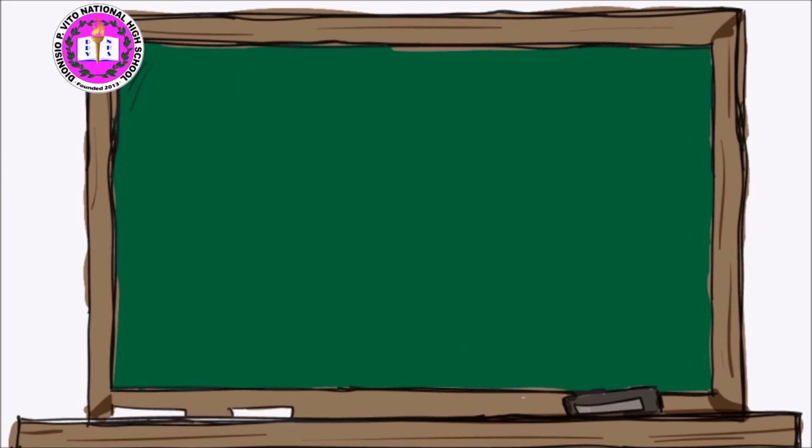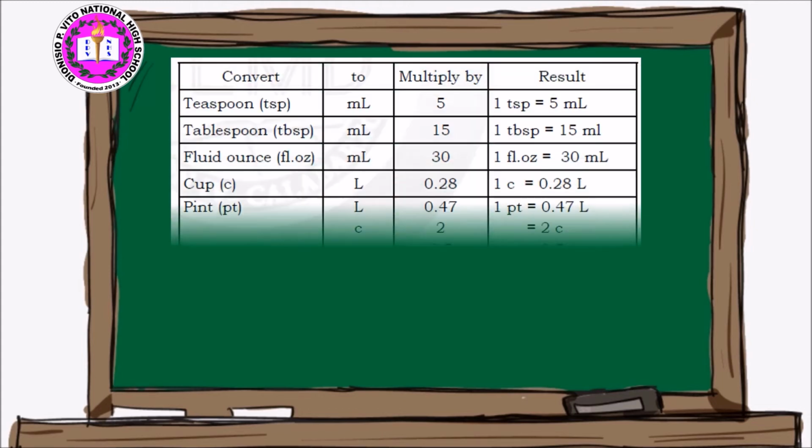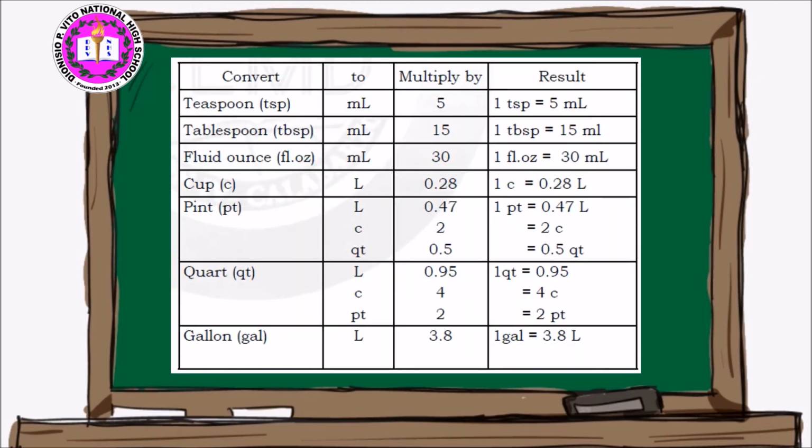Other measures for capacity that are very useful in your home are shown in this table. If you're going to convert teaspoon to milliliter, we're going to multiply by 5. And the result is 1 teaspoon is equal to 5 milliliter. Convert tablespoon to milliliter, we're going to multiply by 15.